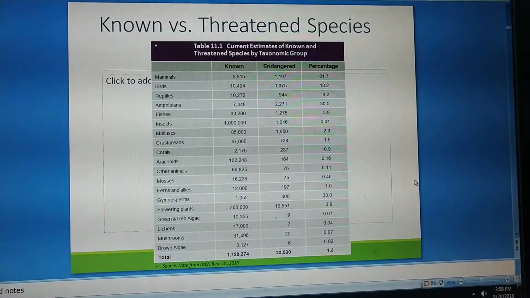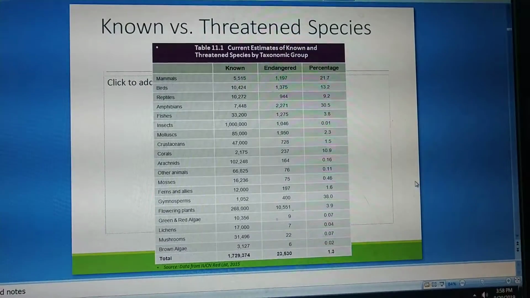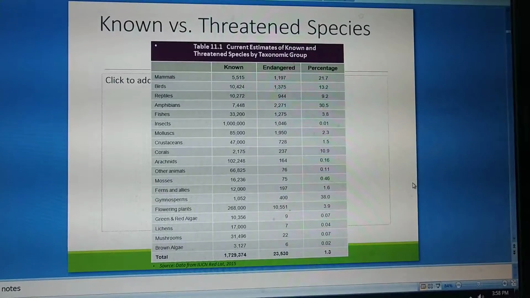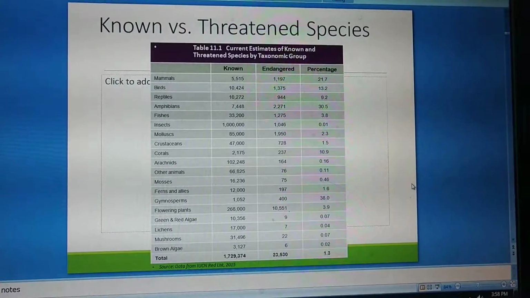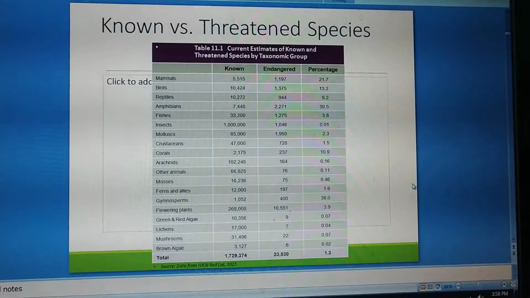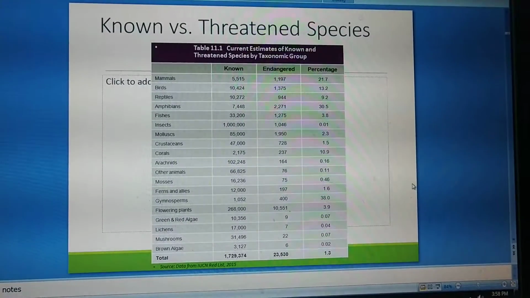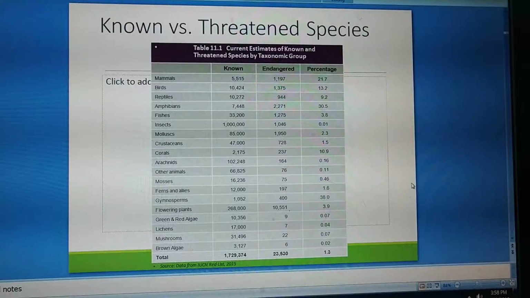How many named species do we have in these various groups, and how many of them are actually endangered? If you look, amphibians are really high on that list. Believe it or not, so are gymnosperms. Gymnosperms, that word means naked seed.